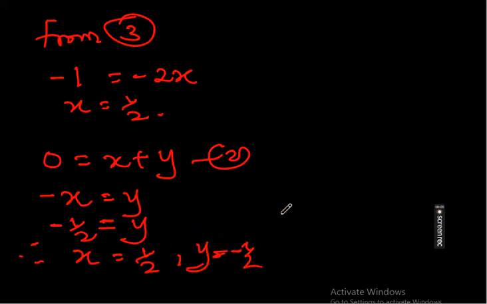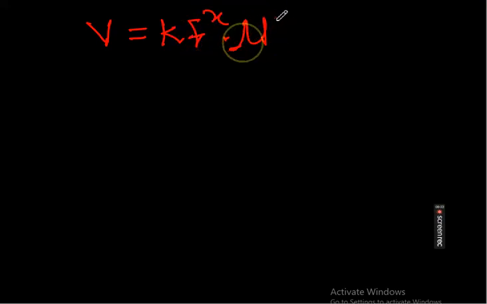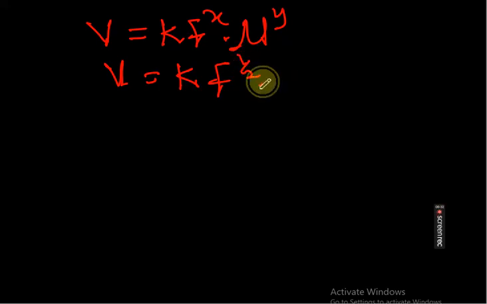So what do we do next? Put the values of x and y back into the first equation, which is v equals k F raised to power x dot mu, mass per unit length, raised to power y. So you have v equals k F raised to power 1 over 2 multiplied by mu raised to power minus 1 over 2.